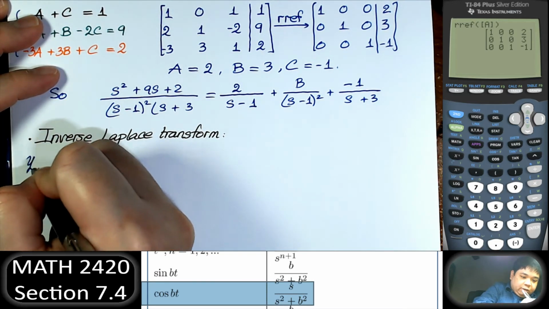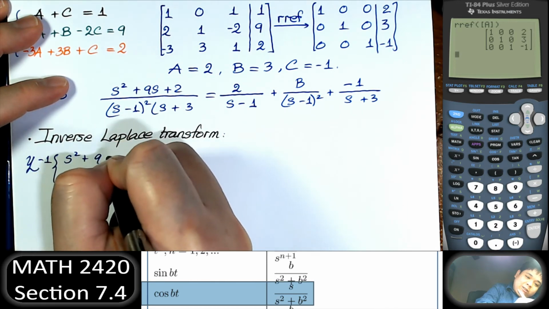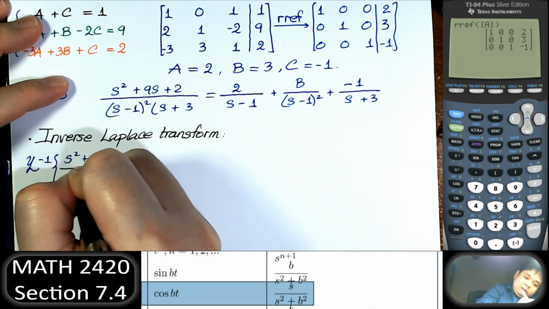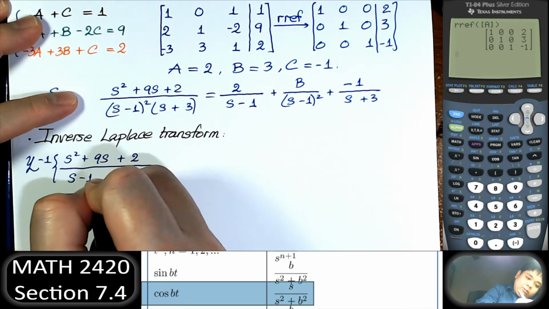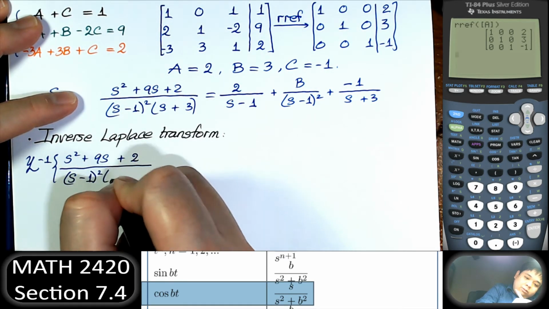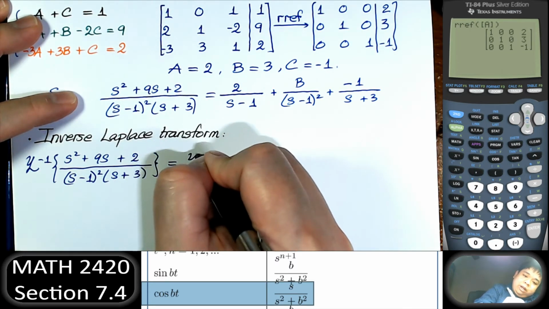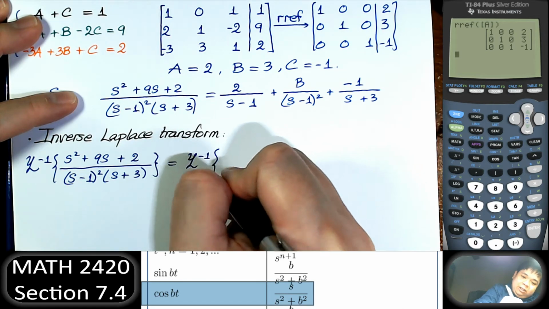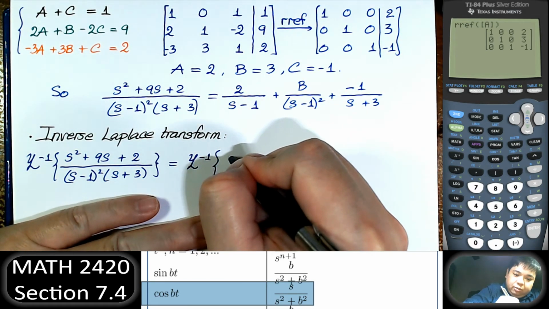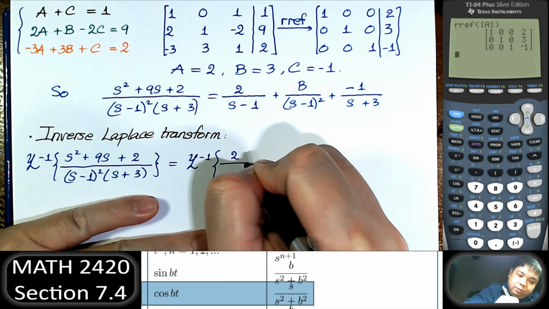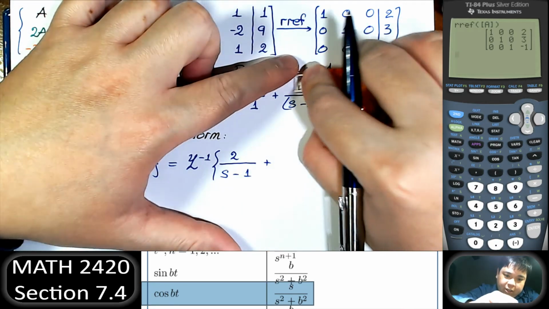So the inverse Laplace transform of this will be the inverse Laplace transform of the little fractions: 2, B which is 3, right?